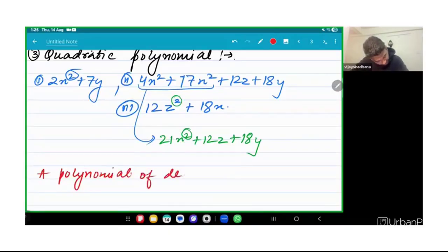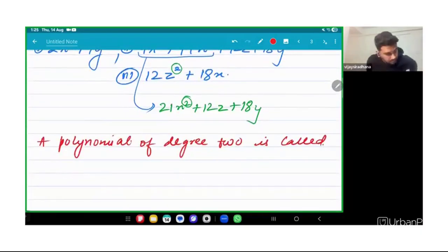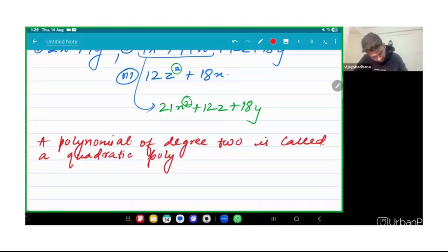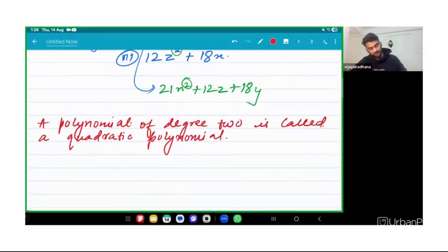So if we write the definition, a polynomial of degree 2 is called a quadratic polynomial. And again, it can be monomial, binomial, or trinomial.